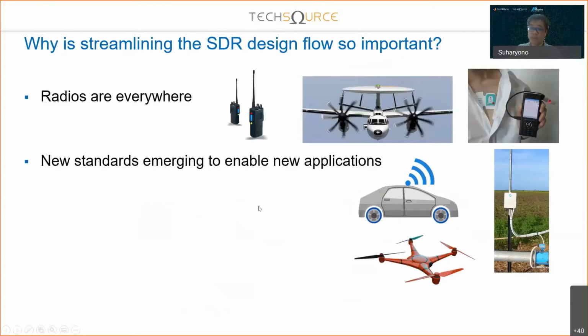But in addition to the traditional applications where radios are normally used, we've seen rapid growth in new application areas of wireless communication, for example surveillance systems, smart metering, or even medical monitoring systems using wireless technology.